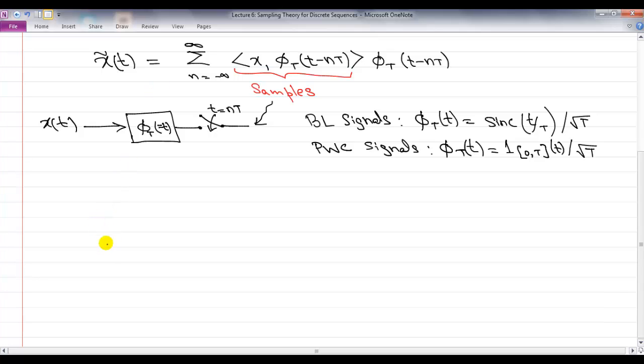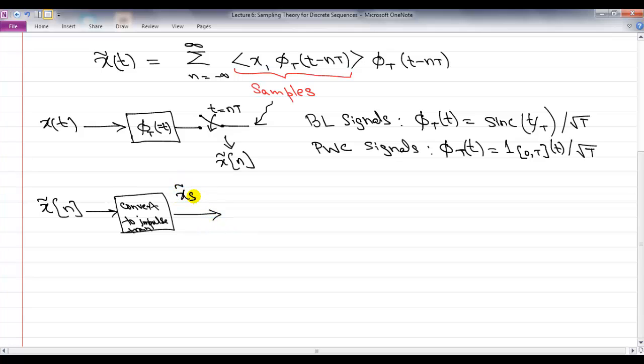And in terms of reconstruction, we simply said that you take your samples, which we are going to call x tilde n. You convert them into an impulse train, which means that you get x tilde of s, which is just the superposition of these samples times the impulse train.